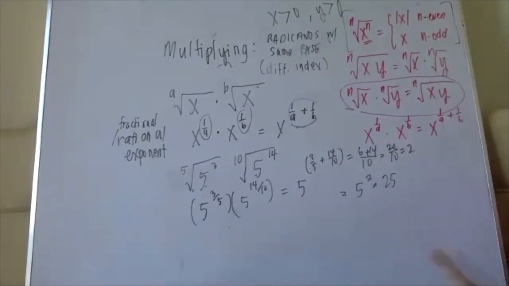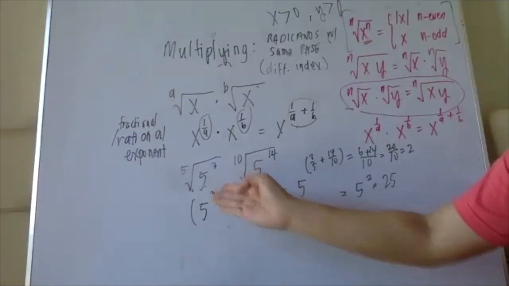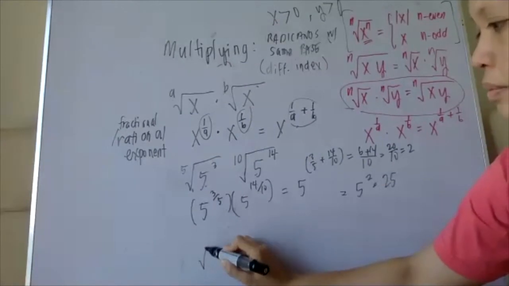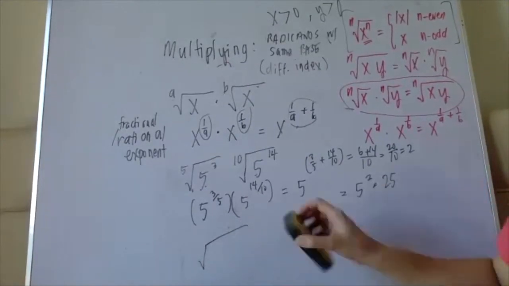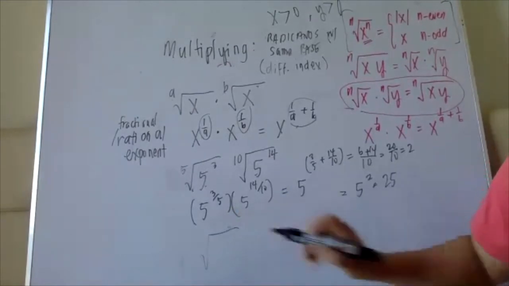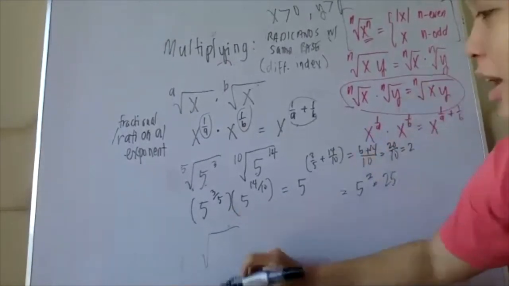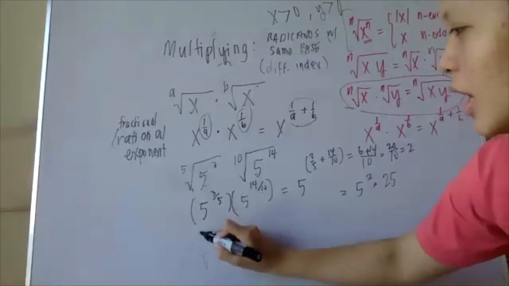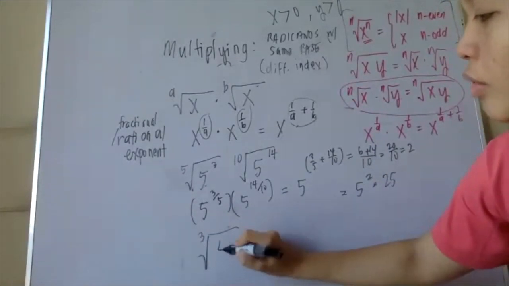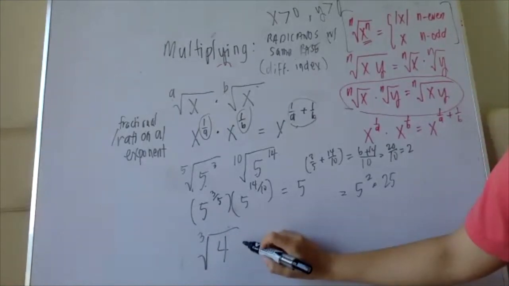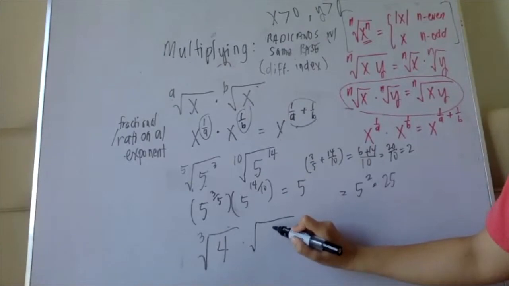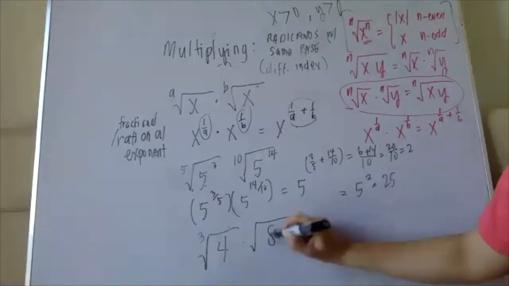Okay? So minsan, hindi siya nakalabas na ganito. As in, hindi siya nakasulat na 5 cubed. Okay, for example, actually wala palang sense kasi pwede mo naman i-multiply. Pero, kunwari, 4 times square root of 8.